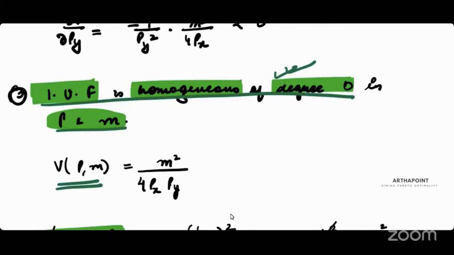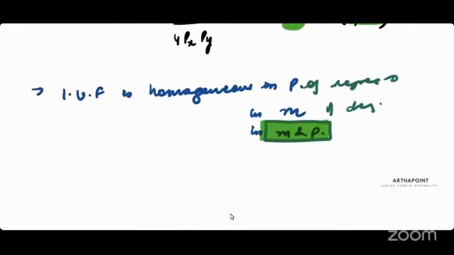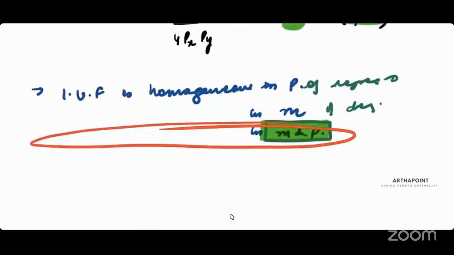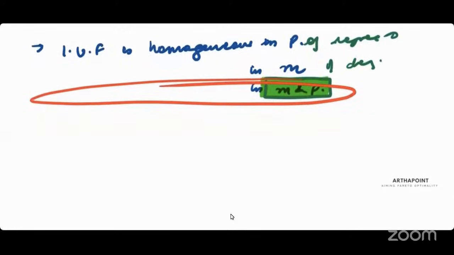Whether it is perfect substitute, perfect complements, your well-defined function, any function, this property will always hold. So you have to identify the right answer. It is homogeneous of degree 0 in M and P. That's the property.